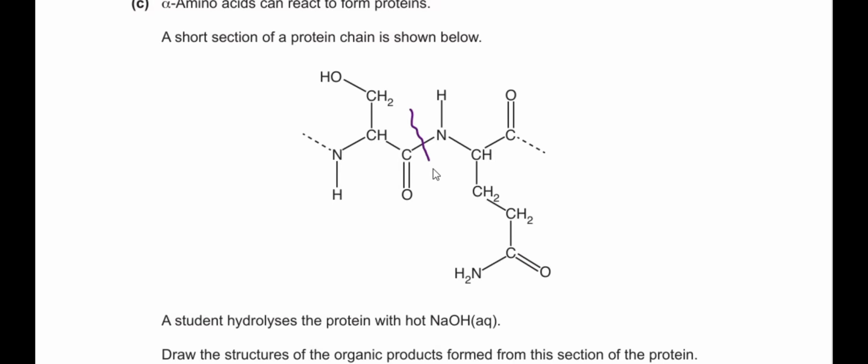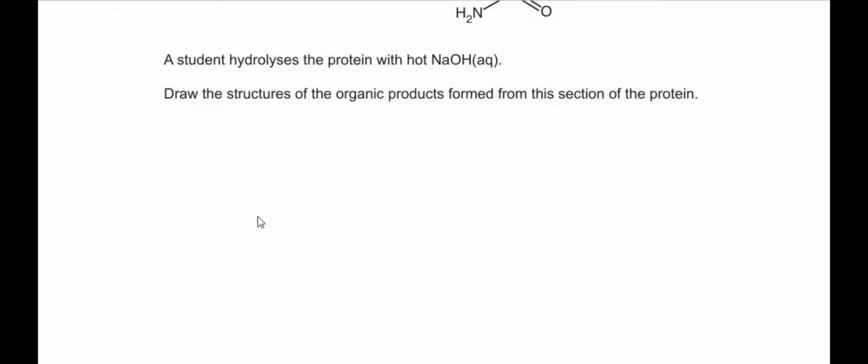As the amide link breaks here, we will have COOH here and we will have the NH2 here as well. Otherwise, there is no other change in this section. So let's draw that one. So drawing the first part here, CH, CH2, OH, and here we got the NH2 regenerated and we have got the COOH generated here.